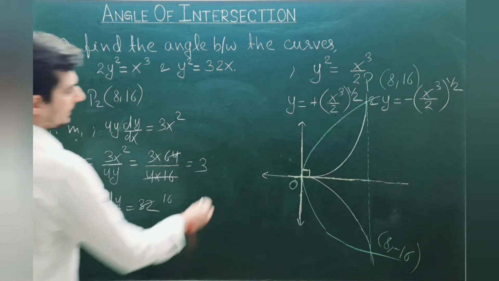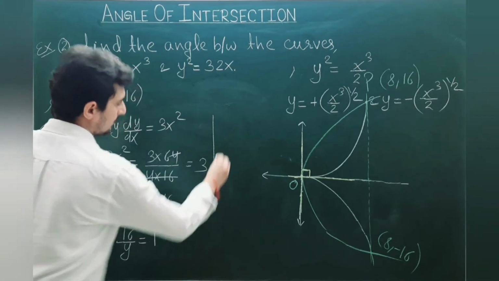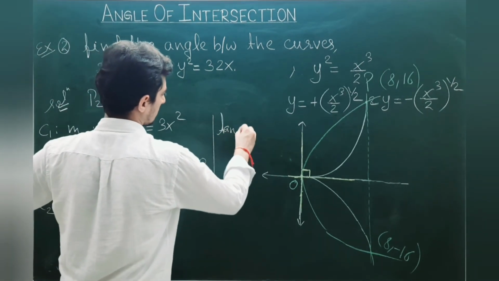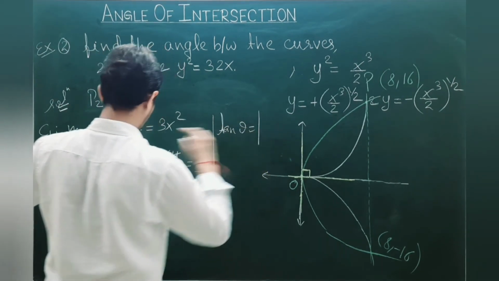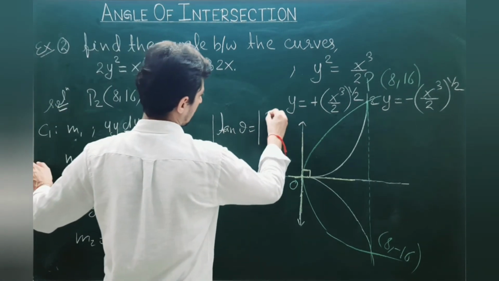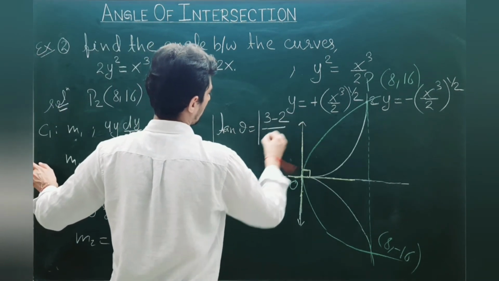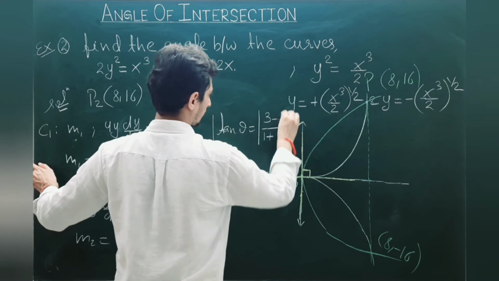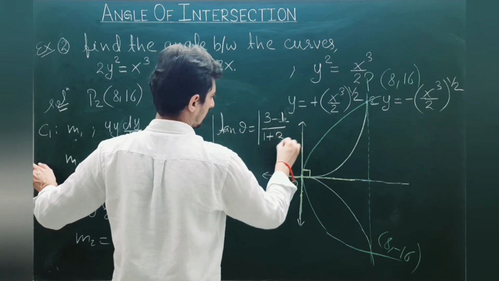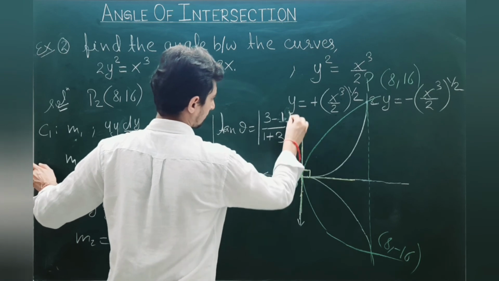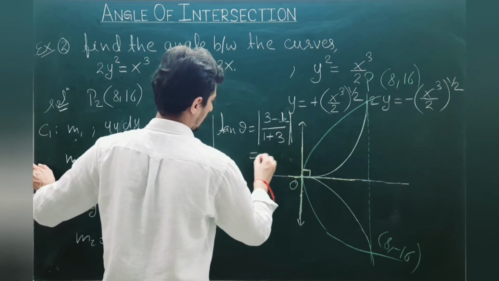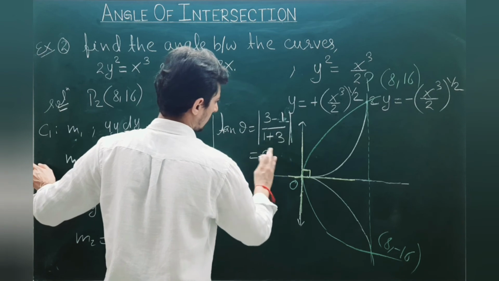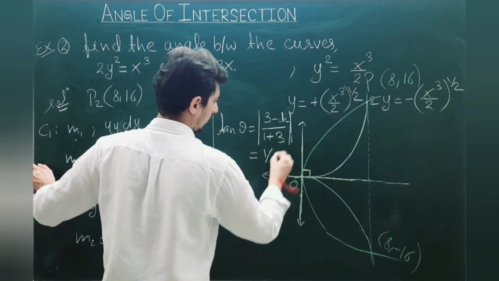So the angle between the two curves, with the simple formula I have here, tan theta is (M1 minus M2) upon (1 plus M1 M2), that is 3 minus 1 upon 1 plus 3 into 1, which is 2 by 4, that is 1 by 2.